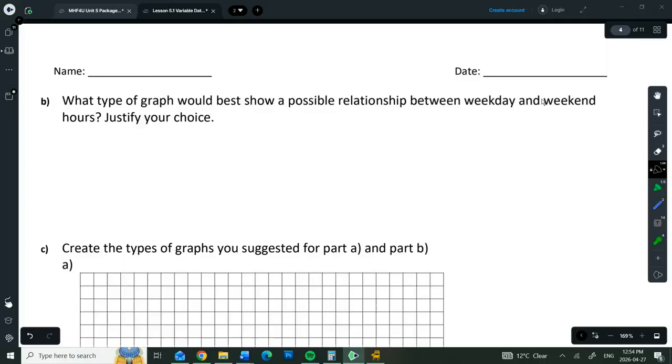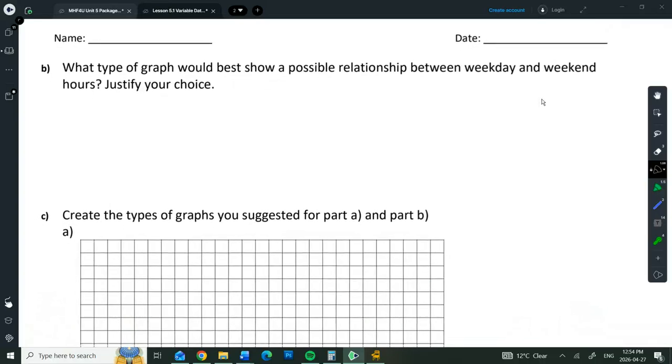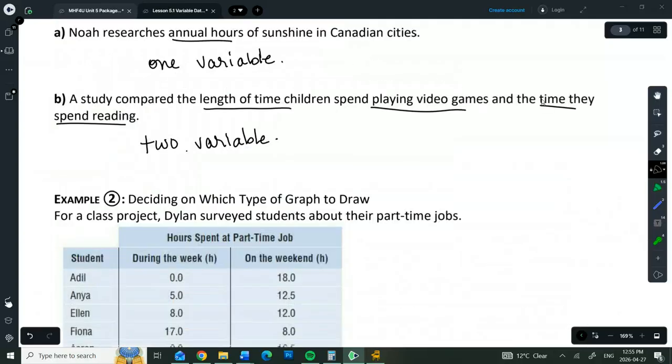Okay, and then what type of graph would best show a possible relationship between weekday and weekend hours? So weekday hours worked and weekend hours worked. Is that two variables or one variable? Two variables. Okay, so with that we could write them as ordered pairs. Well, actually, we just have a graph. So it says what type of graph.